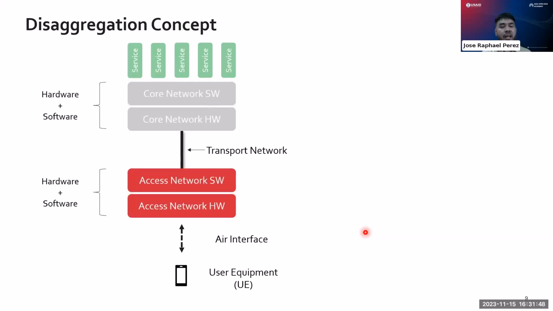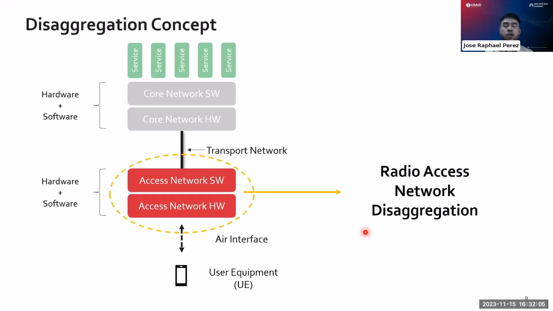Then we separate the software from the hardware, making it disaggregated, thereby promoting a multi-vendor ecosystem. So for this session, we will focus on the RAN, since Open RAN runs on this kind of concept.